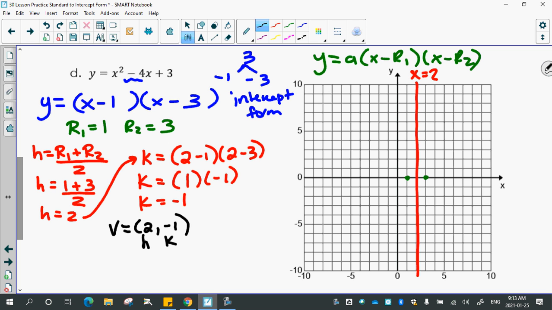HK is always the vertex. So right there. And then our step number is a positive 1. So A equaling 1 means up 1, 3, and 5.